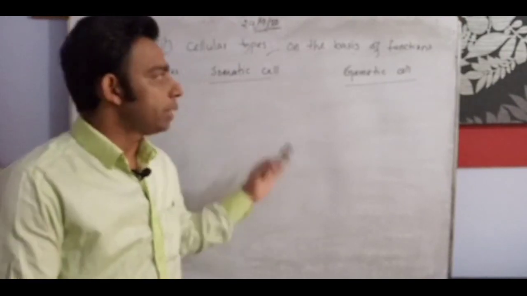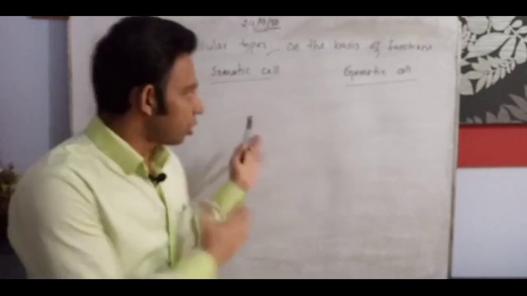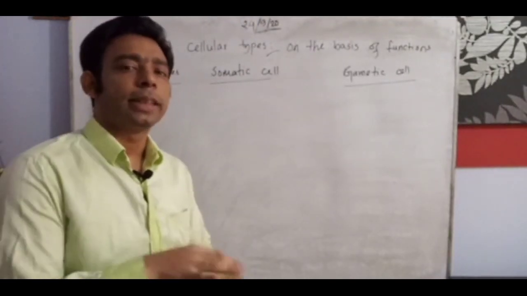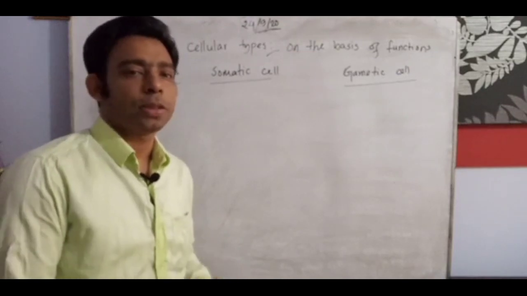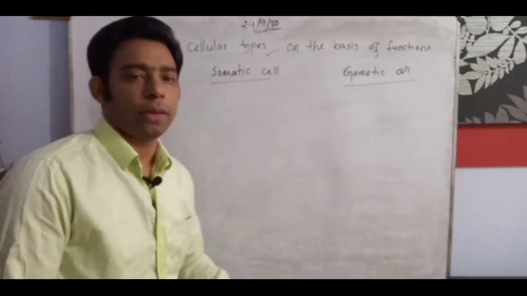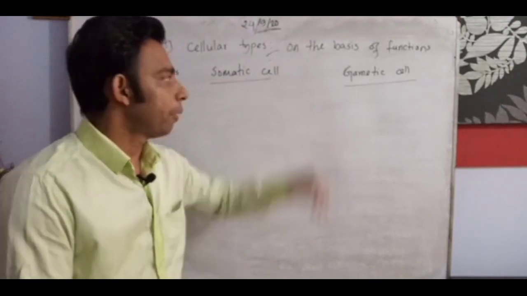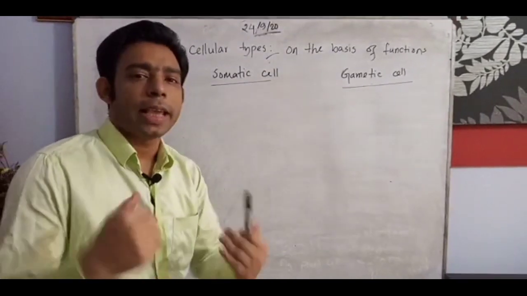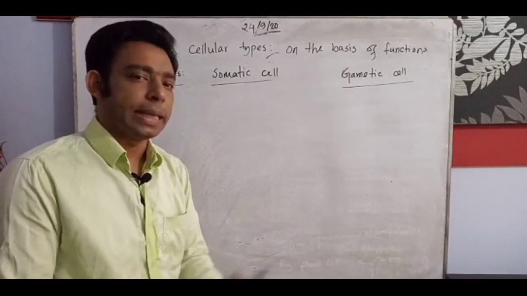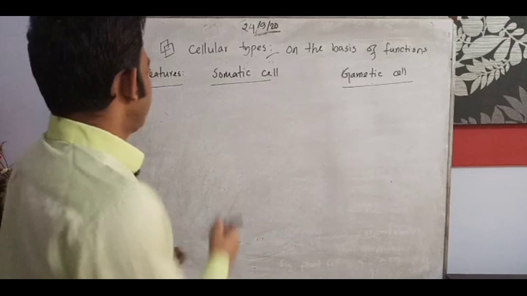So if we maintain a chart with some features and distinguish them, that will help us distinguish them. If individually asked to write some features of somatic cell or of gametic cell, either way we can understand easily. That is the way we will learn.